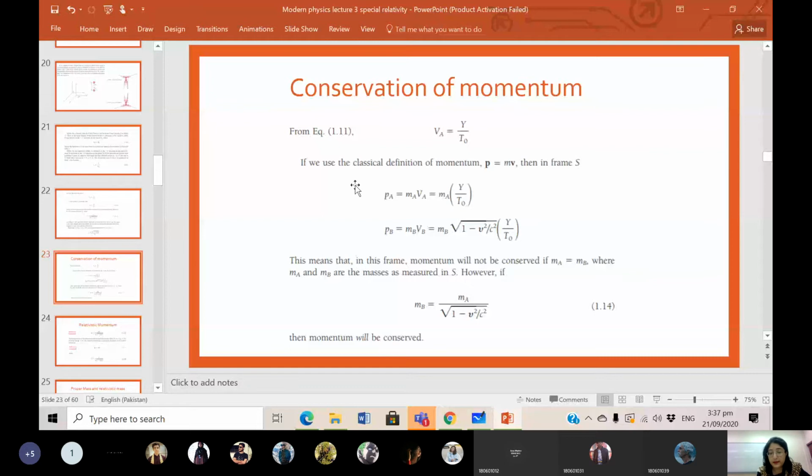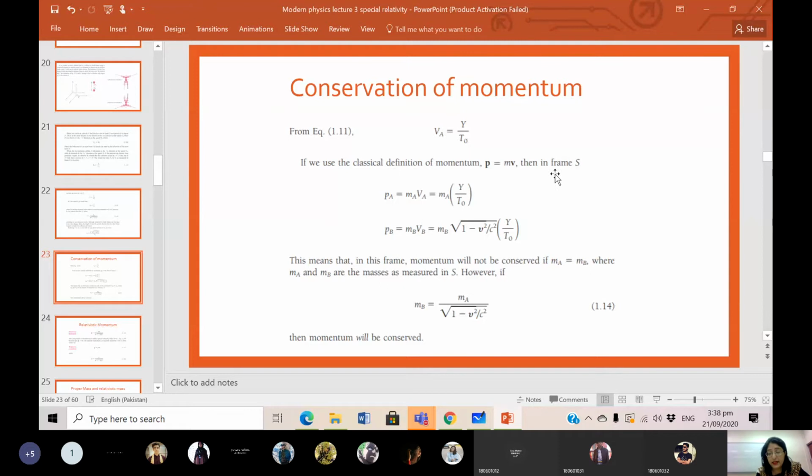They're not necessarily equal. So momentum of A as seen from frame S is MA times VA, and we know that VA is given by this formula, which we already said before, so we just put it in here. So we get this equation for momentum as seen from frame S of A. Now momentum of B as seen from frame S will be MB VB, not VB dash.